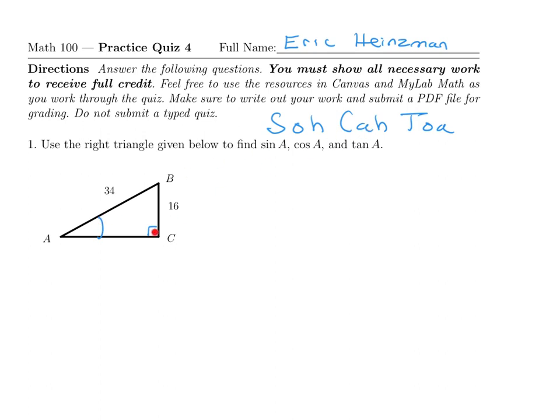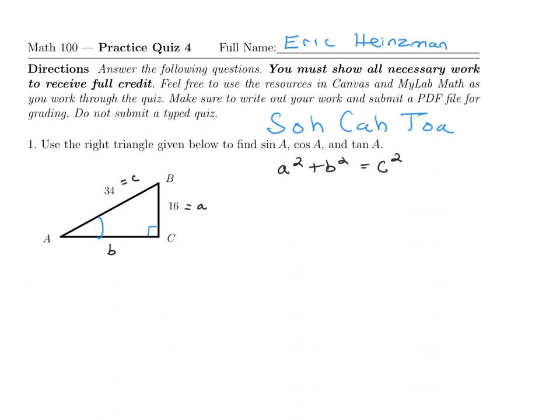I'm noticing that we don't know what the adjacent side is, so we need to solve for it. I'm going to call this side B, because it's opposite the angle B. We can solve for this by using the Pythagorean theorem. This here is A, and this is C, and therefore A squared plus B squared is equal to C squared.